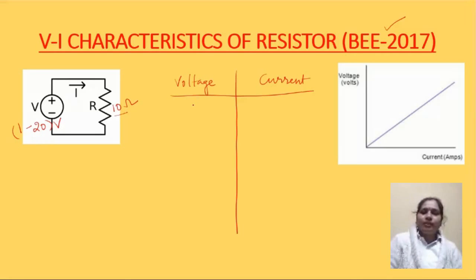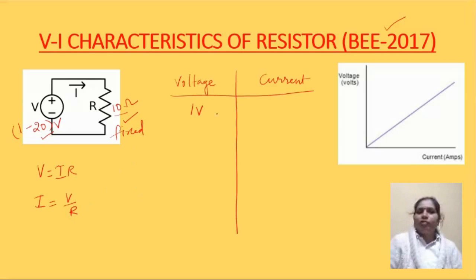Let me take the voltage as 1 volt initially. We know the formula to calculate the value of voltage if we know current and resistor. In this question we know the value of voltage and the value of resistor, so let us find the value of current by using the formula I equal to V by R, where the R value is 10 ohms, which is a fixed value.